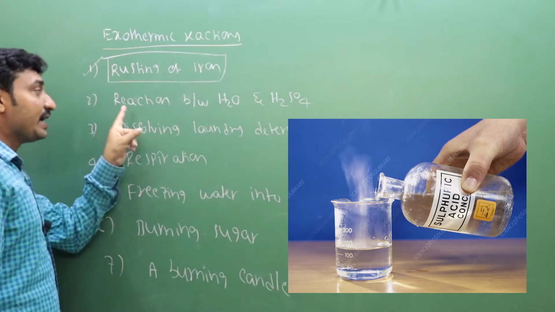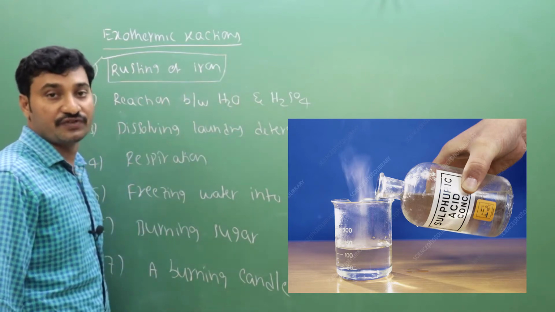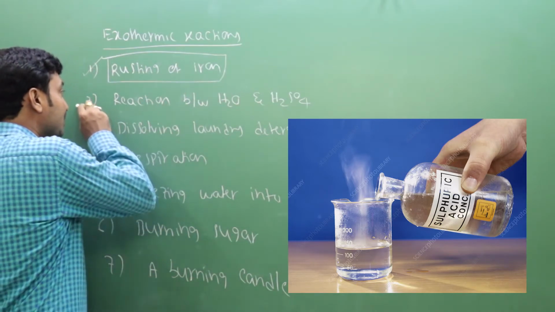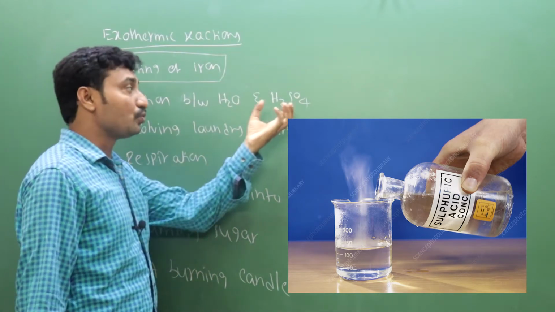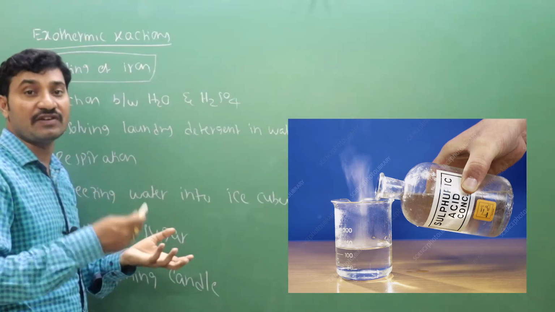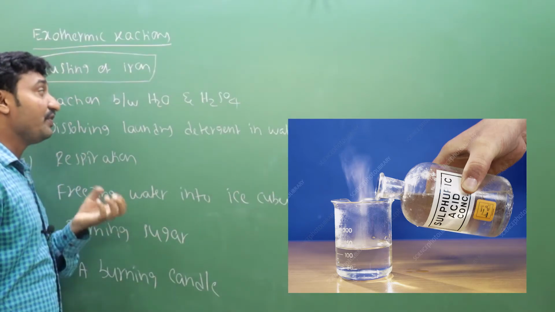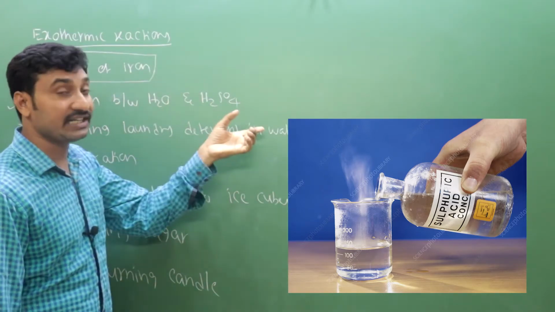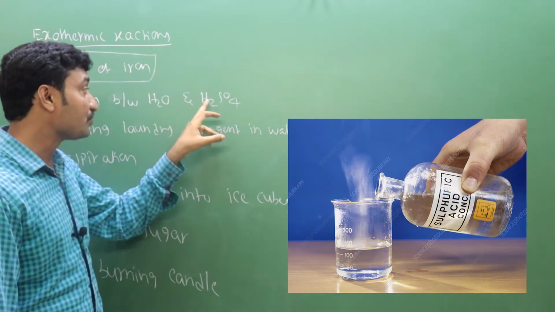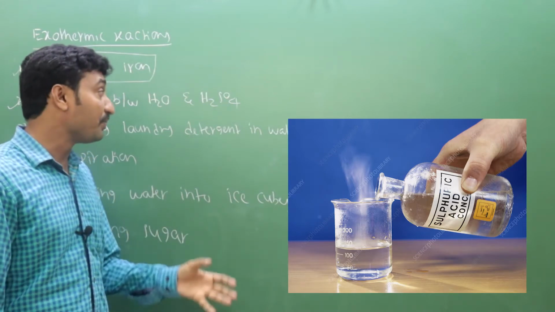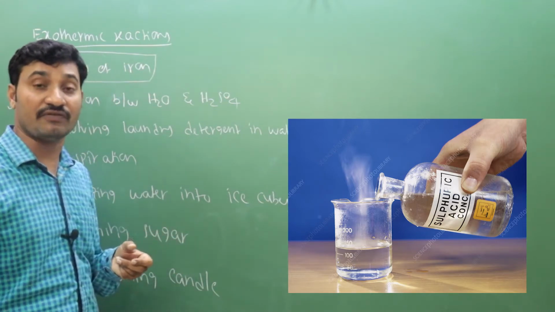Next one, reaction between water and sulfuric acid. This is also an exothermic reaction. Suppose you add water to the sulfuric acid, heat is evolved. That's why we can't add water directly to the sulfuric acid in the preparation of an aqueous solution of sulfuric acid, because a large amount of heat is evolved.